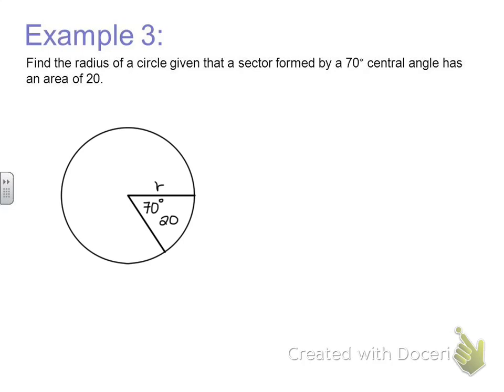Since I'm told the area of the sector, I know I'm going to be using that fraction in terms of area. So first of all, what's the first easy fraction that you can write? 70 over 360. Right, that one's simple enough.